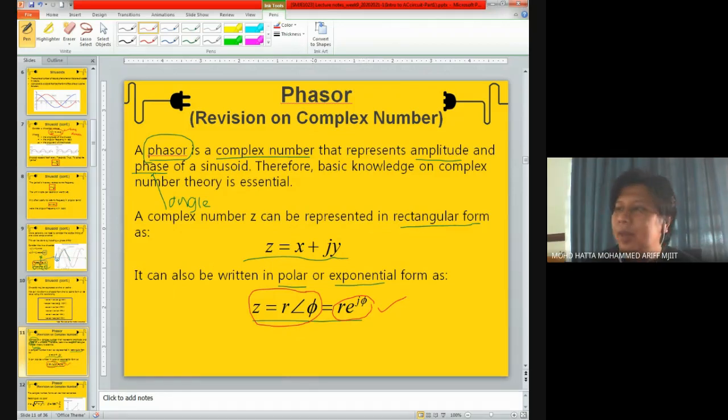Remember, a phasor can be represented by a complex number, and a complex number can be represented in two forms. The first one is called rectangular form, the second is called polar form.